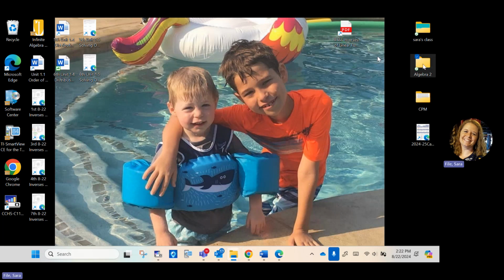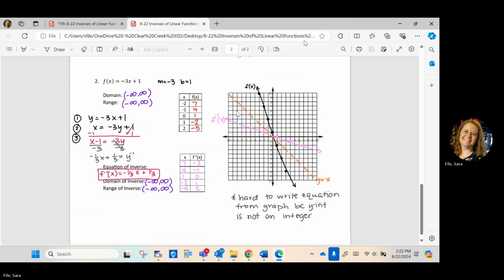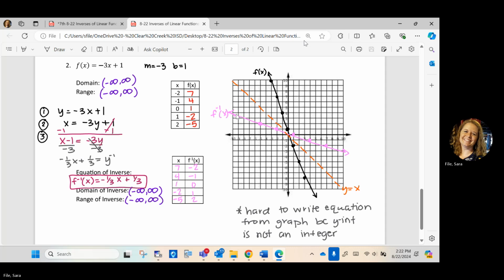I already saved it in this folder. Oh no, here it is. Here's the solution. So if you tried it, this is what you should have gotten. Okay, and I'm going to go ahead and end the recording here. Just try Delta Math.